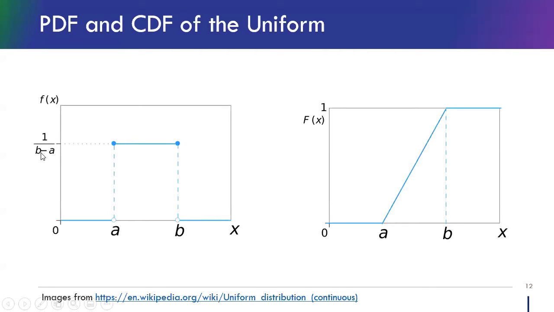That's 1 over B minus A times the length of this area, which is B minus A. Then it goes back to 1.